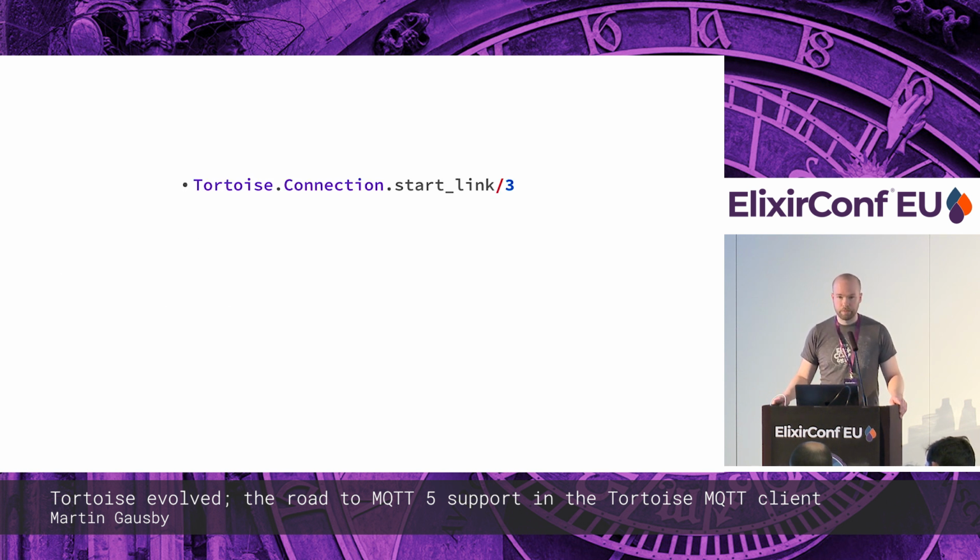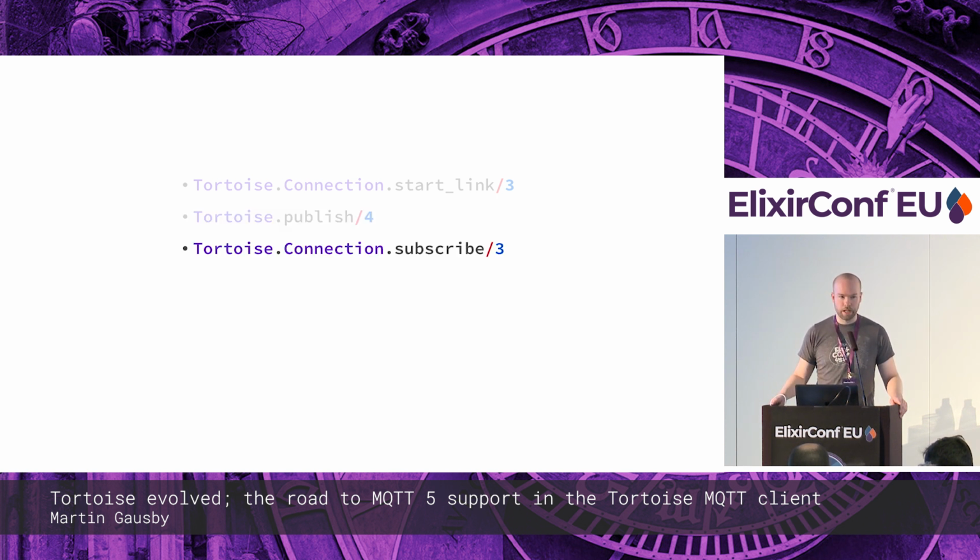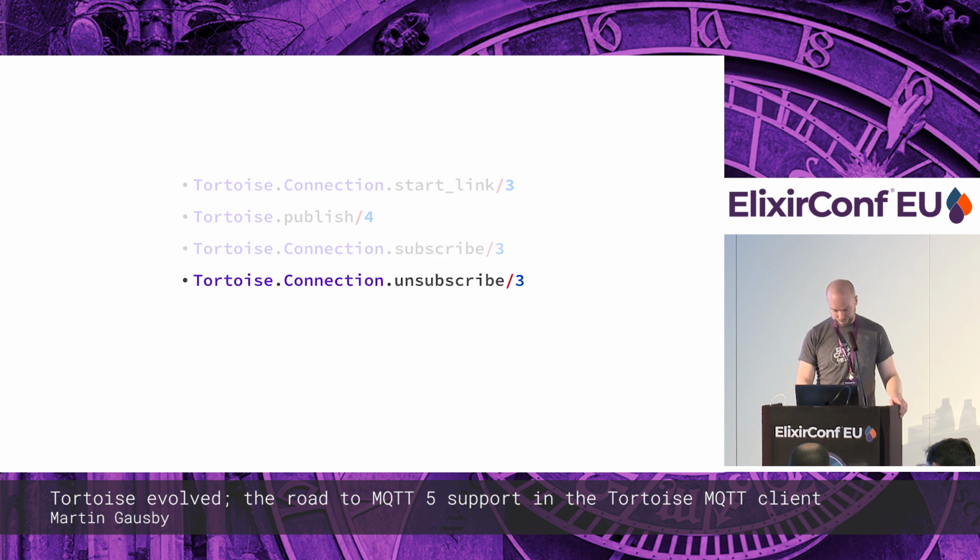So the public facing functions are the following. We have the start link that we looked at, which creates the identity, and then we have the Tortoise publish, which we also looked at. Then we have subscribe that takes 3 arguments: the first one is the identity, the second one is the topic filter we want to subscribe to, and the third is options.